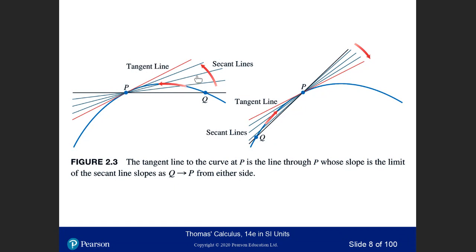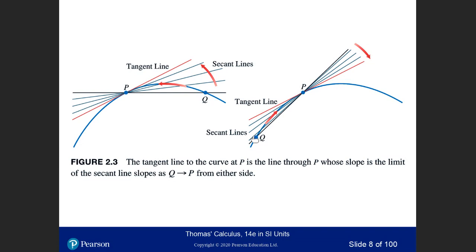The slope of the secant line, as you can see, changes. And when you are very close to P or at P, you have the tangent line. And of course, this would give you the slope of the tangent line. And that's approaching P from the right-hand side.